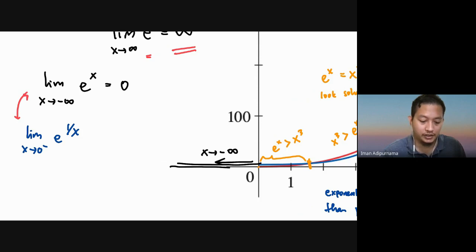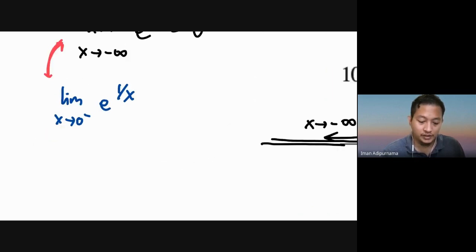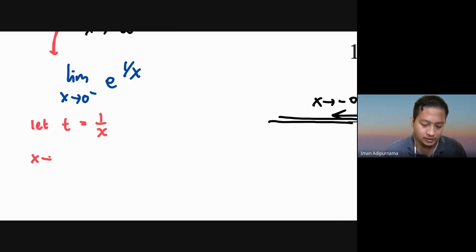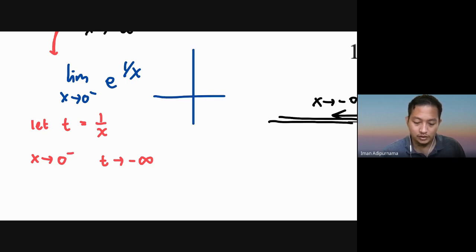To solve this, we can do some substitution. Let t equal 1 over x, and we can imagine that when x is approaching 0 from the left, t is getting closer to negative infinity. If you don't remember the graph of e to the x, you can draw it.